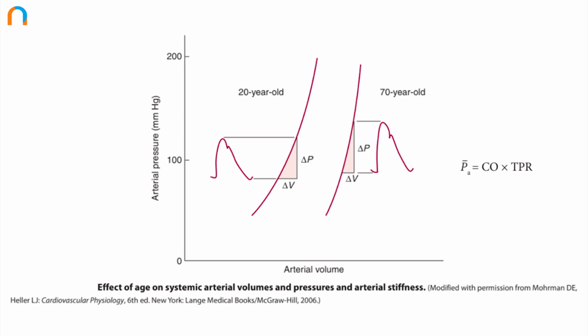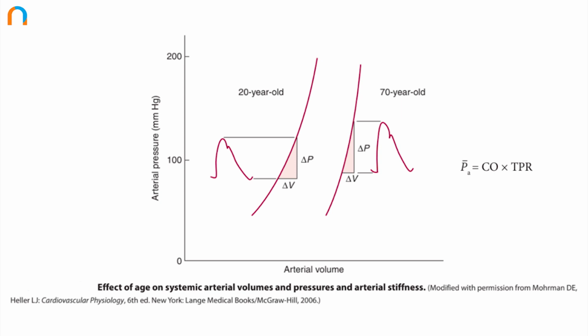If for the moment the fact that some blood leaves the arterial compartment during cardiac ejection is neglected, then the increase in arterial volume during each heartbeat is equal to the systolic volume. Thus, pulse pressure is, to a first approximation, equal to systolic volume divided by arterial compliance.